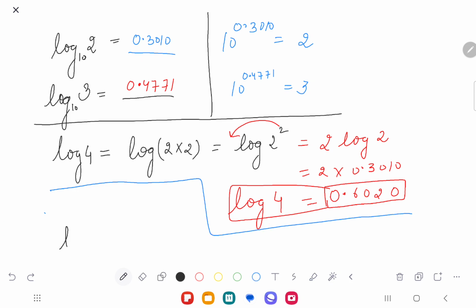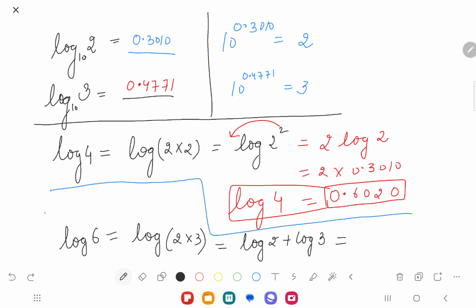Similarly, if I have to find out the value of log 6, certain values are very easy to find out. When I say log 6, it is log of 2 times 3. Yes or no? Right. And what is log of 2 times 3? Log of 2 times 3 is nothing but log 2 plus log 3. What is log 2? 0.3010.